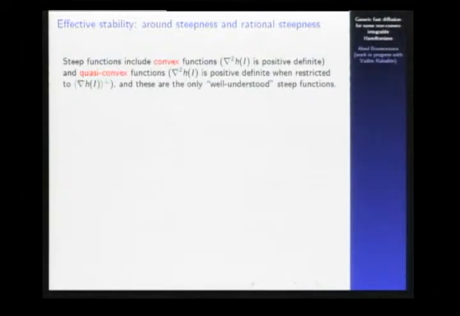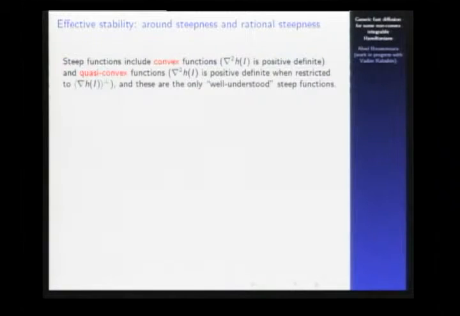First of all, I can give some examples of steepness, but not too many. The main examples, and the only ones that are well understood, are convex or quasi-convex functions. If you take a convex function, it means that the Hessian is positive definite. Quasi-convex is a mild generalization, depending on how you define it, because sometimes you ask for a quasi-convex function not to have critical points, but sometimes you can allow them.